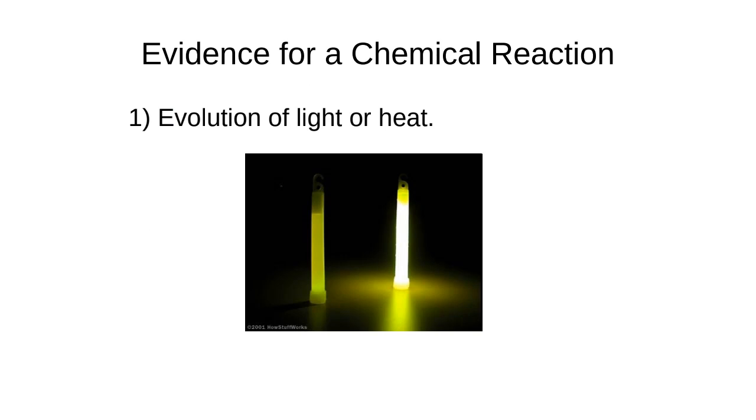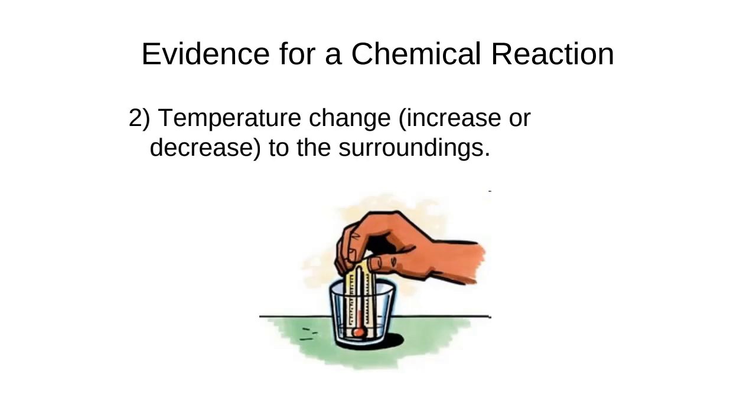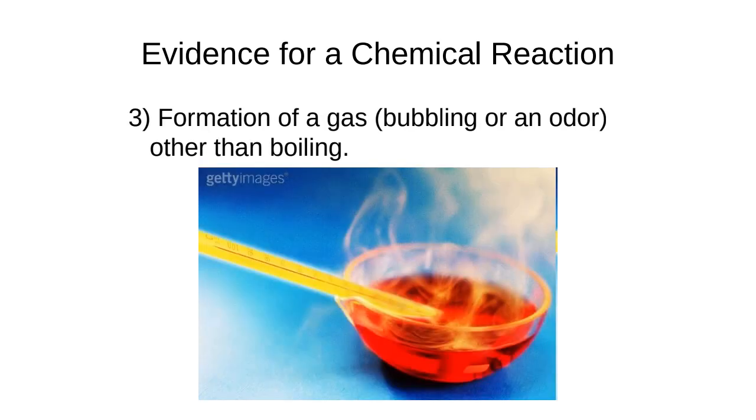Now we have a few examples of chemical reaction. For example, light that we see or heat that is generated in our surroundings. These two are nothing but evidence of a chemical reaction, or you can say examples of chemical reactions. Similarly, temperature change is also an example of chemical reaction. Next example is formation of a gas.